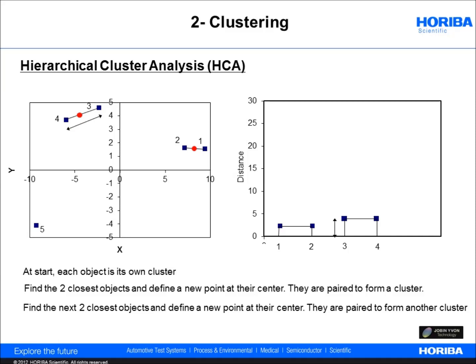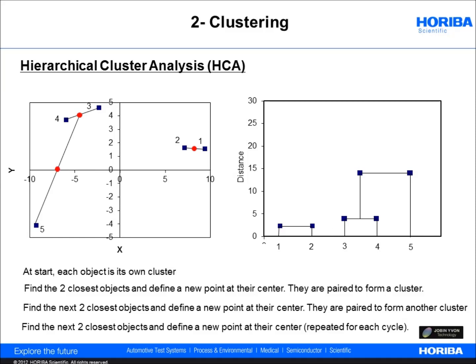Again, the distance shown by the arrow corresponds to the one reported on the dendrogram. These cycles are repeated until all clusters are paired, forming then the complete dendrogram.